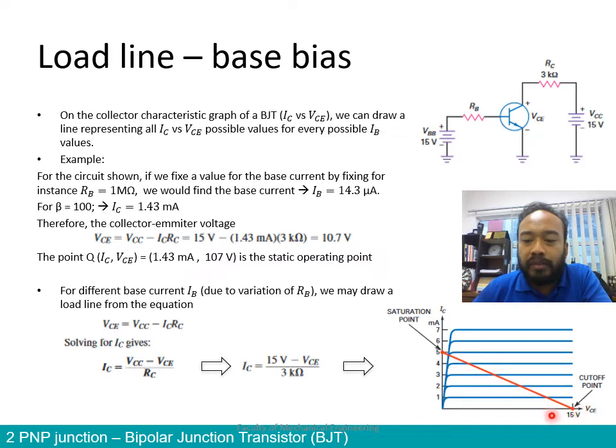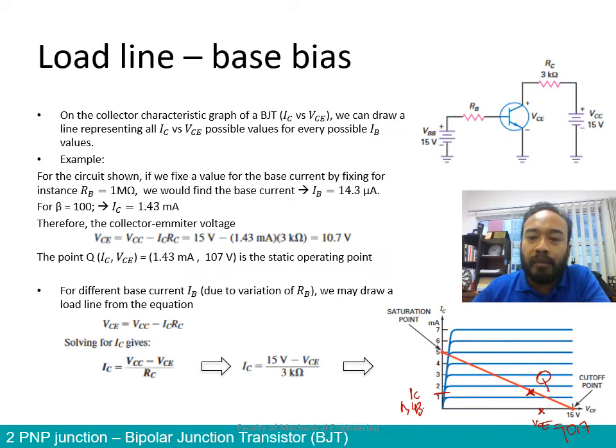So for example, VCE, we could say that it is probably around over here, VCE equals to 10.7, and then IC equals to 1.43 milliamps. So this is milliamp, 1.43 milliamps probably over here. IC 1.43 milliamps. So the operating point is basically over here. Our point Q is over here.